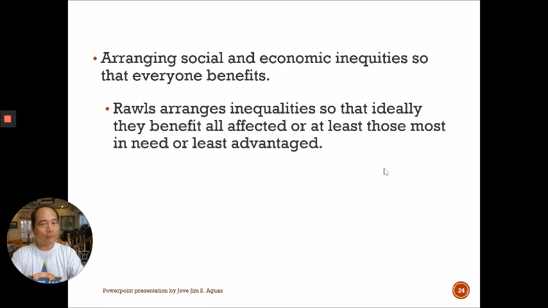And then we have to arrange social and economic inequalities so that everyone benefits. Rawls arranges inequality so that ideally they benefit all the affected, or at least those most in need or least advanced. I already mentioned some examples based on our conditions right now of the ECQ.